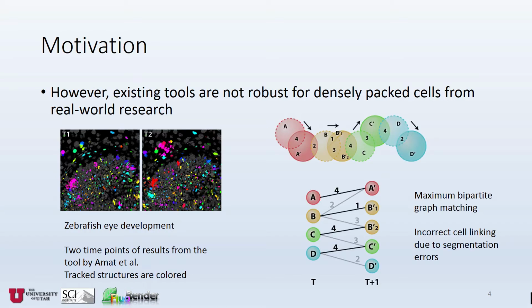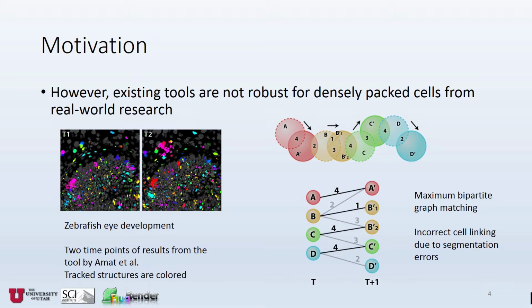Another method we examined was the maximum bipartite matching. As illustrated in this example, cells from two time points are organized as vertices on a graph. The graph is bipartite because there is one group of vertices for each time point and only cells from different groups can be matched. The matching of two cells is represented by an edge on the graph. Edge weights can be assigned based on the spatial relationships of the cells.